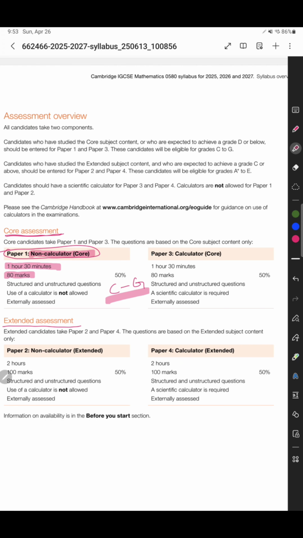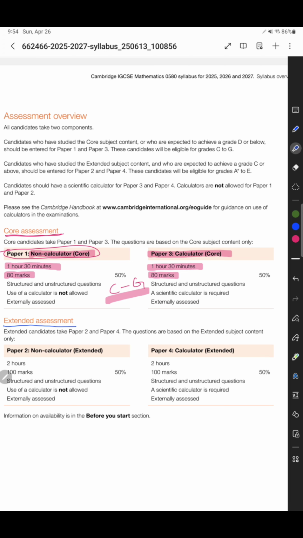Paper 3 is a calculator exam, also 1 hour 30 minutes. Both papers are for 80 marks. Together they determine 100% of your final grade, 50% each, with each carrying equal weight.